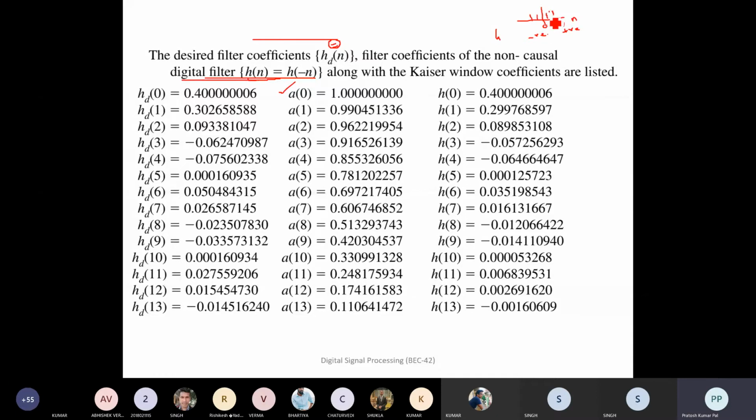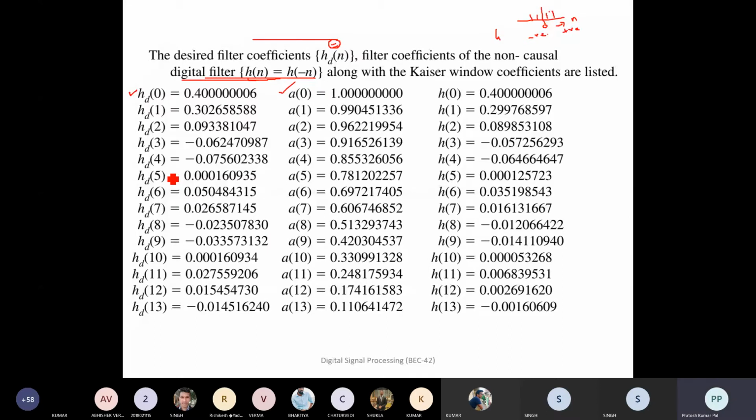So if we find the positive values, the similar will be in the negative values also. So we will be finding hd of n by putting 0 up to 13. Okay, because a total of 26 values will be there, plus the value at 0, so a total of 27 will be there. So this is how different coefficients of hd of n will be found by putting the values in the expression.